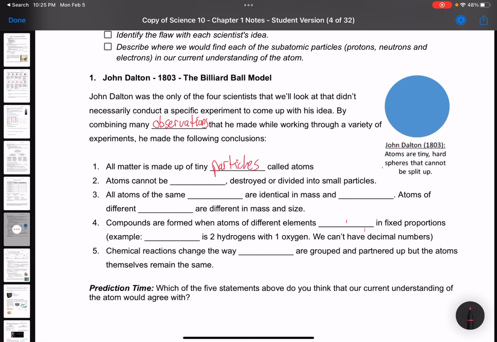So the first thing that he said is all matter is made up of tiny particles. Basically you have to think about dating yourself back 220 some years ago. People's understanding was very, very minimal. A lot of people never would have got to go to school. Lots of people weren't able to read or write. I also like to take an appreciation for that.